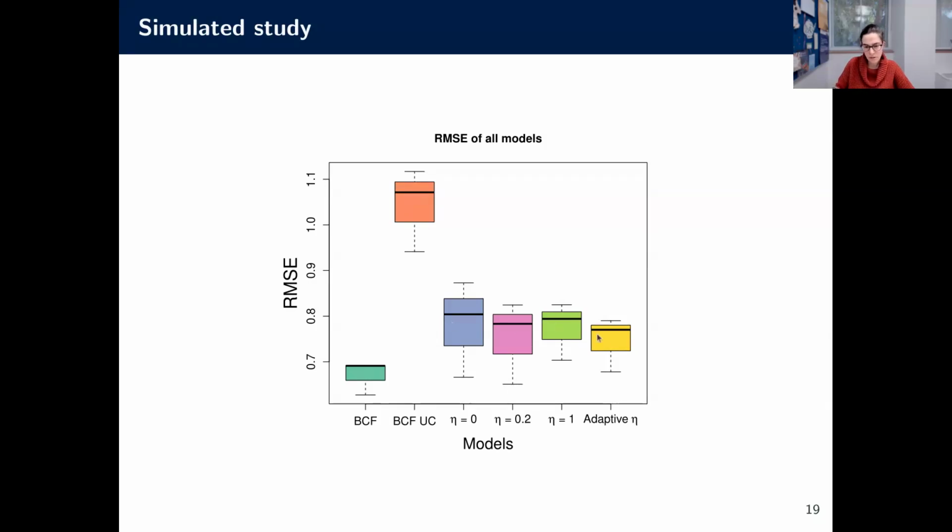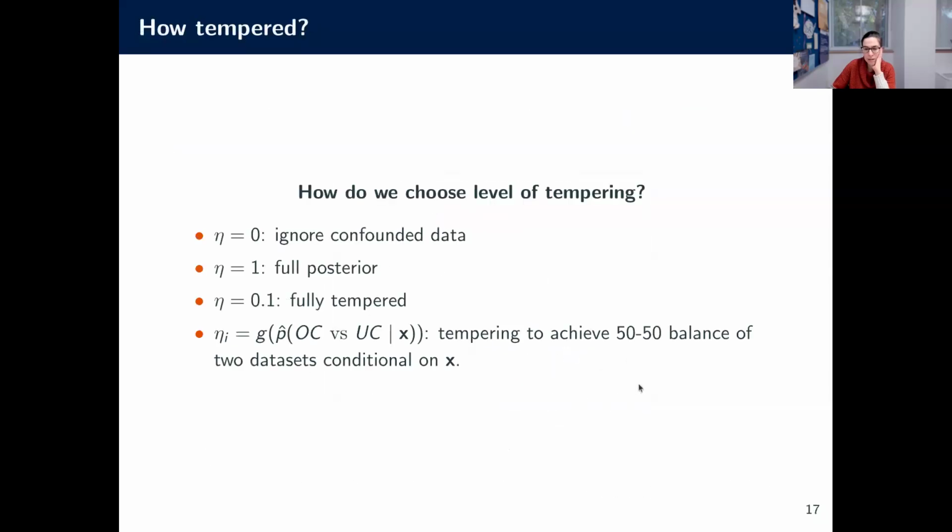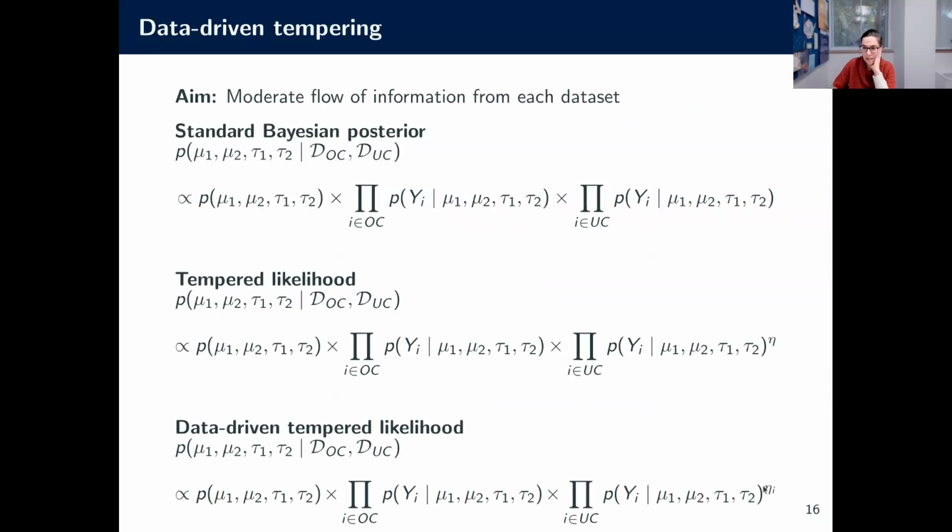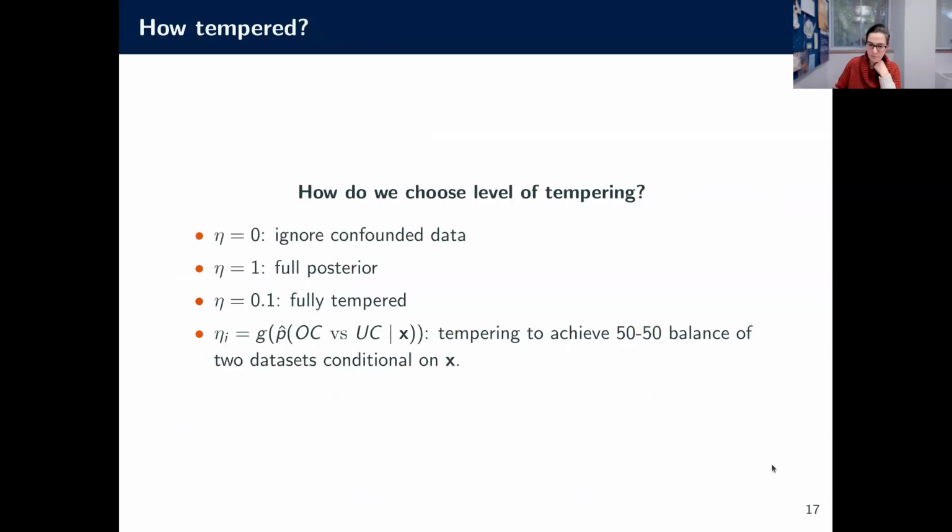And then these 4 plots show what would happen if you try to dampen that likelihood in different ways. So eta equal to 0 means that you're essentially only taking your good data. Eta equal to 1 means that you're taking all of the data, but knowing that there could be an offset. Adaptive eta does what I mentioned earlier, that it tries to balance that the flow of information between good and bad data is the same.